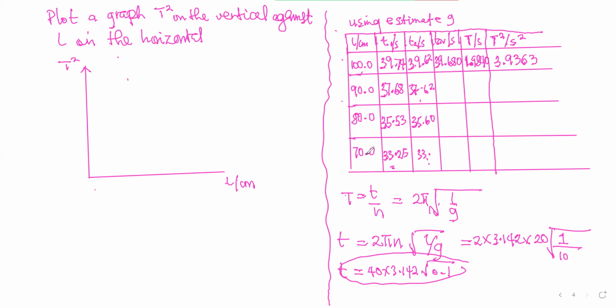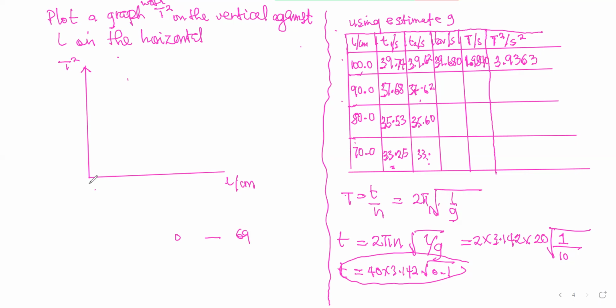You see, my minimum length to record is 70, followed by 80, meaning from 0 to 69, I wouldn't plot till I get to 70. If the instruction is open like this, plot a graph with T squared on the vertical against L on the horizontal, I can decide to break my axis. What do I mean by breaking the axis?